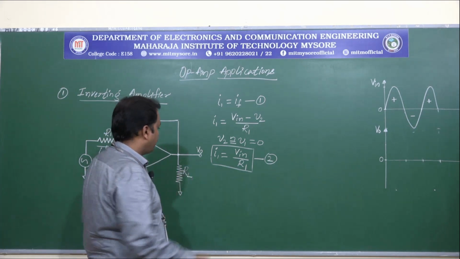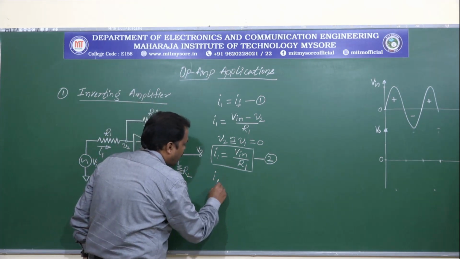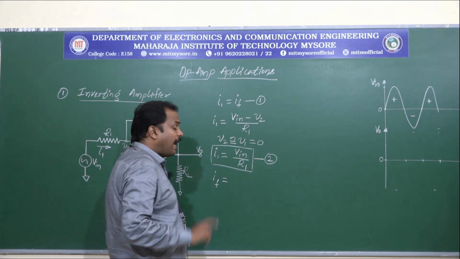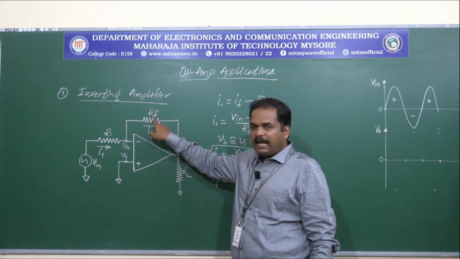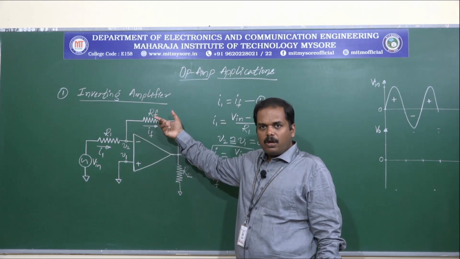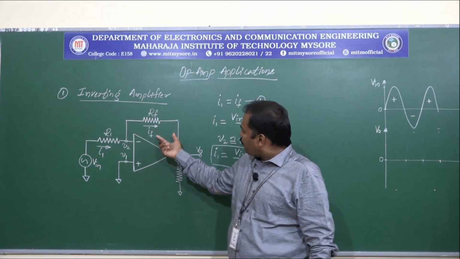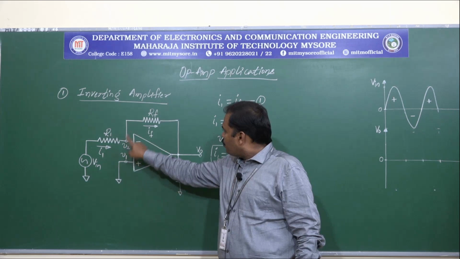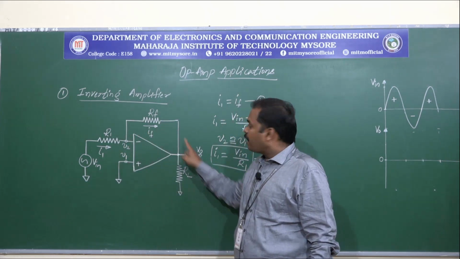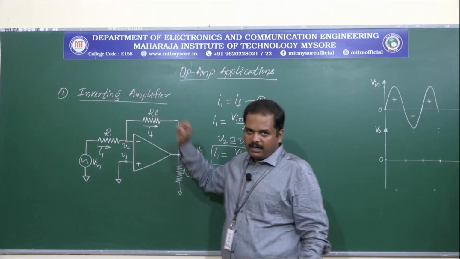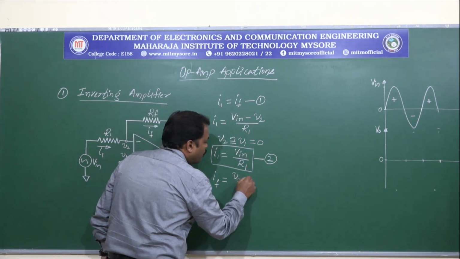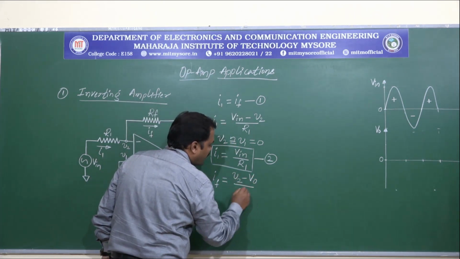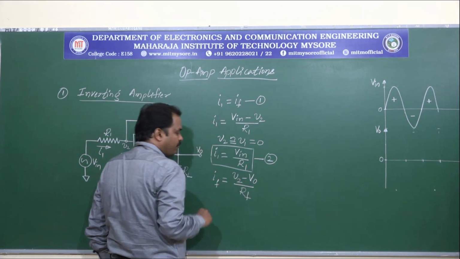And now let us derive the equation for IF. IF is the current that is flowing through the feedback path RF. Let us apply Ohm's law here too, so that IF is given by V2 minus V0 divided by RF, right? So IF is equal to V2 minus V0 divided by RF.